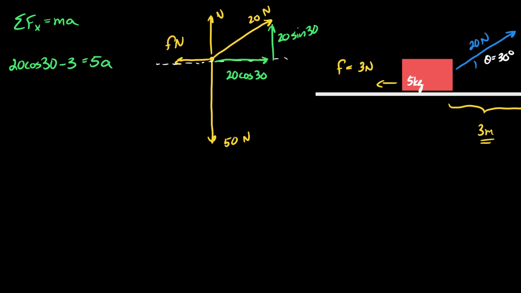It wouldn't have told us how fast the box is going, but it could have given us the acceleration. Do that for me, will you, please? What's the acceleration here?